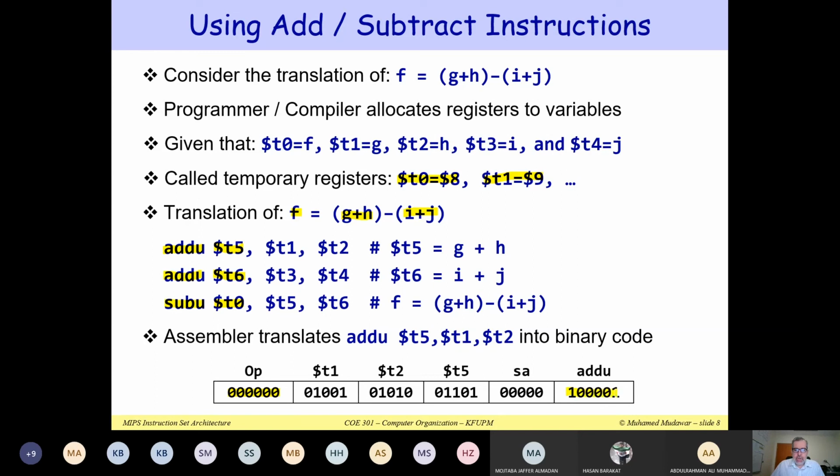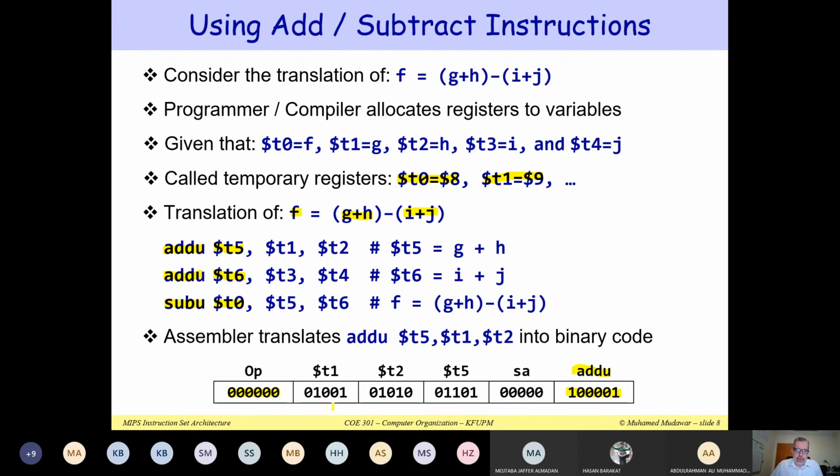And the function code is this number here, this number in binary, indicating that this is an addu instruction. We have different function codes for addu, subtract, and subu. They have different function codes.